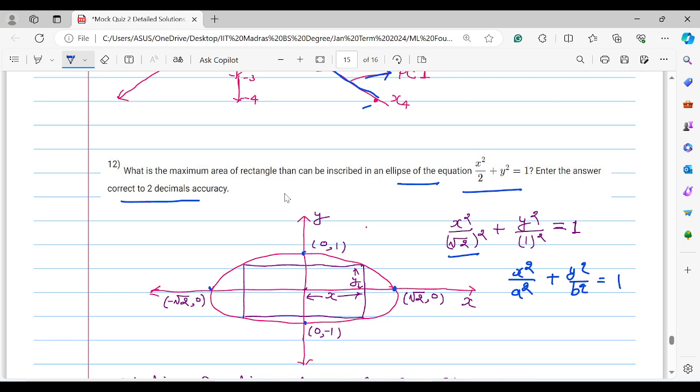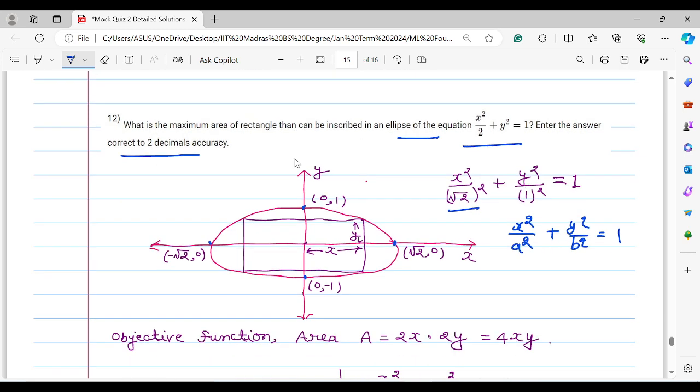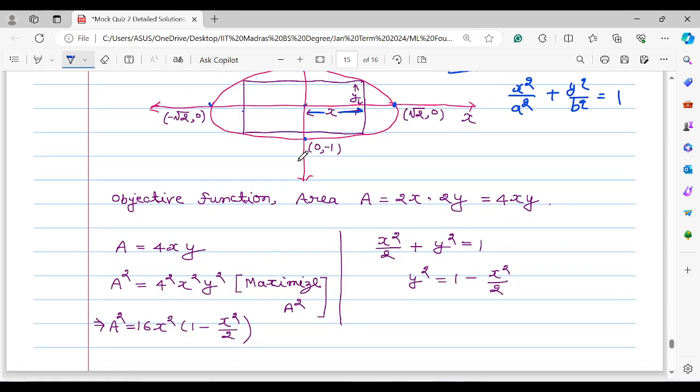We have to maximize the area of the rectangle inscribed in the ellipse. So I have drawn a rectangle inside this, and taken this length as x and this length as y. Because this is from the origin, the total length will be 2x and the total breadth will be 2y, so length into breadth will be our objective function, the area, 2x into 2y, which is 4xy.